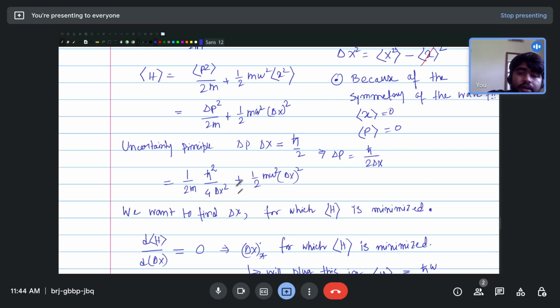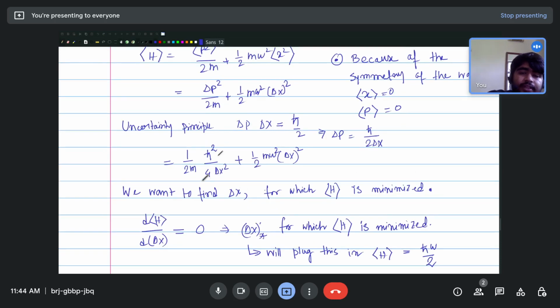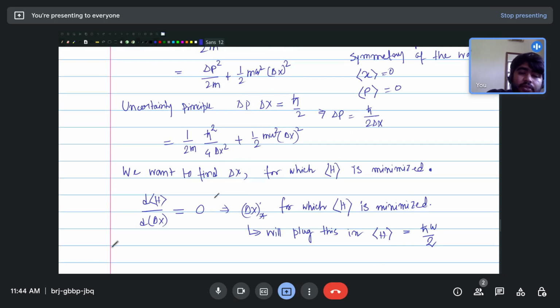So right now our energy is fully in terms of delta x. So now we want to find a delta x for which the energy is minimized. So this is a minimization problem, to solve which we take a derivative of the Hamiltonian with respect to delta x, and we solve for delta x, okay.